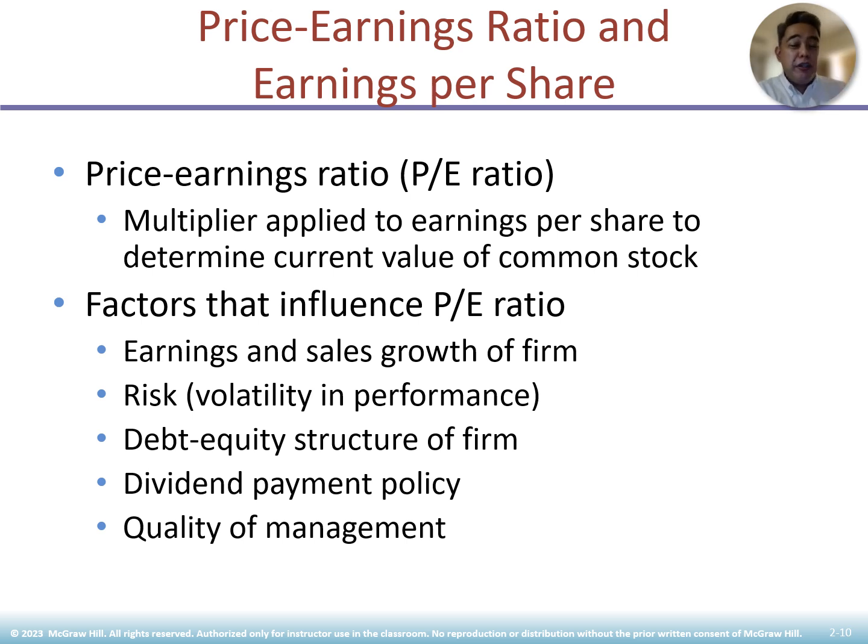So the price earning ratio, or PE ratio, is used to understand whether a company stock is a value stock or a growth stock. We'll talk about it more later. And it gives you an idea of how the stock is performing based on the PE ratio.